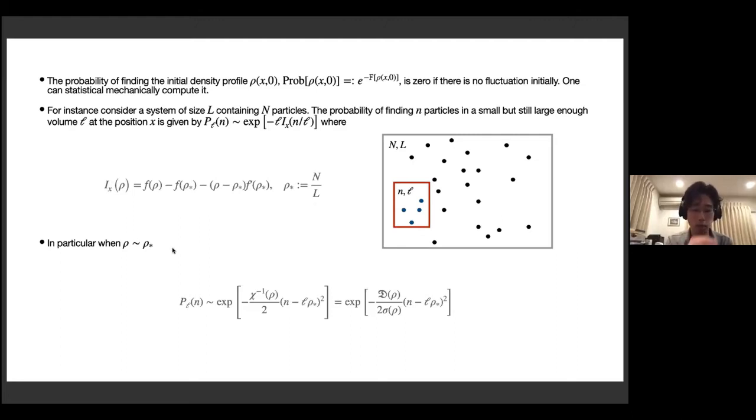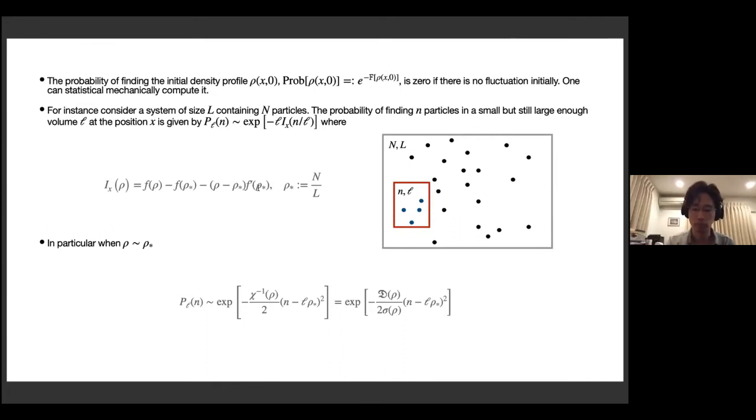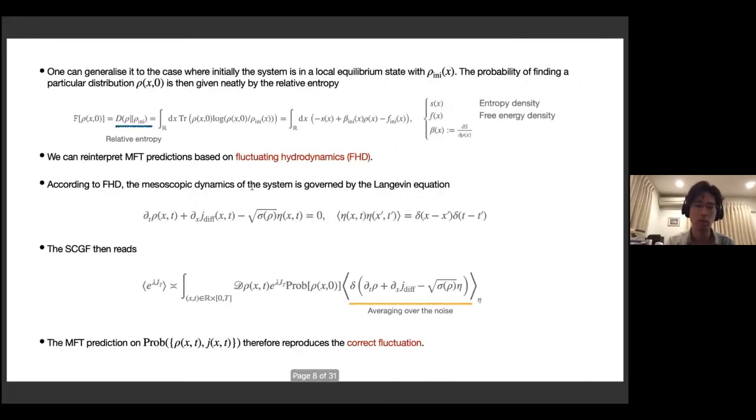You can also expand this when rho and rho star are close to each other, and you can get this kind of thing, where I used the local fluctuation-response relation in passing from the second expression to the third expression. And this is similar to this assertion. But yeah, this is nothing more than an analogy.